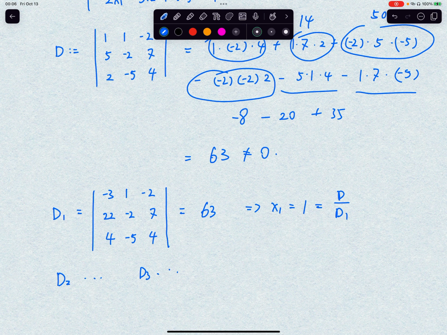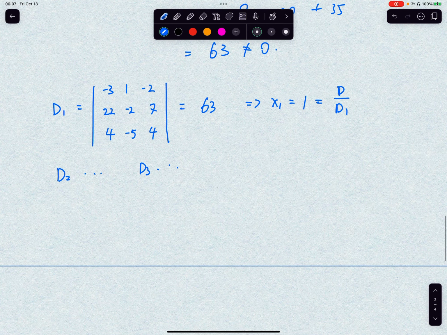So now we are able to solve the linear system with 2 or 3 variables. Let us now generalize it to n variables. So we first need to introduce the formal definition of determinant when n is greater than or equal to 2.